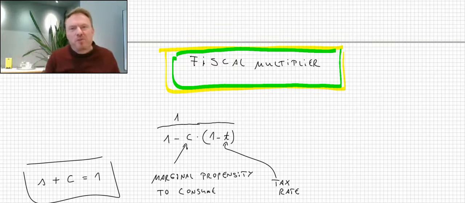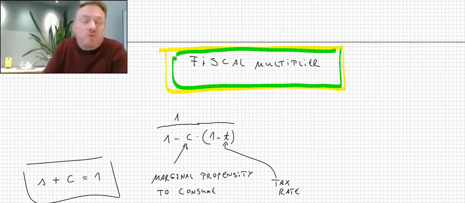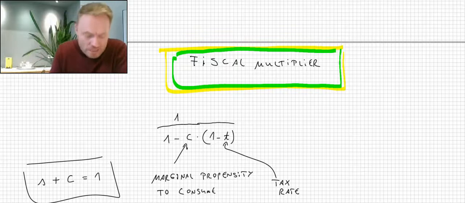So together they always equal 1. That's the meaning of the marginal propensity to consume, and of course the one to save, and they are vice versa. The one plus the other always equals 1.